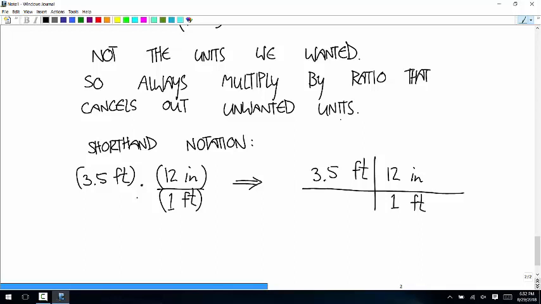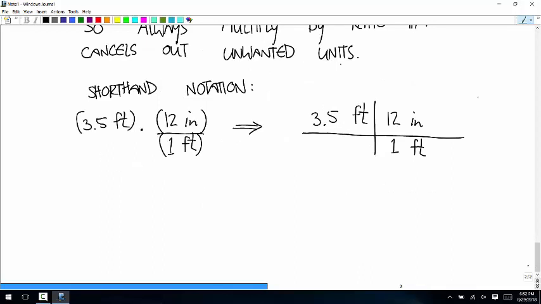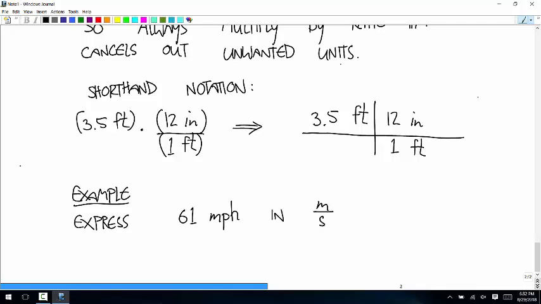Okay, so let's do a new example. And this time, let's say that we want to express 61 miles per hour in meters per second.